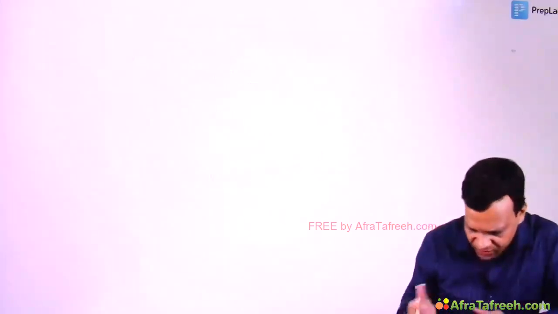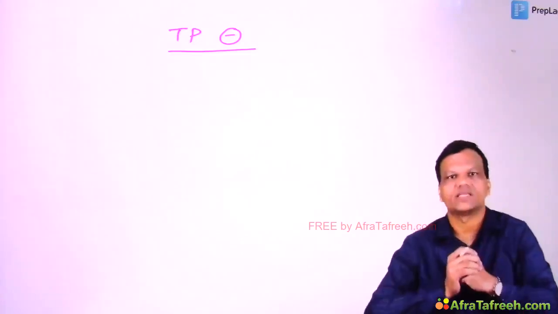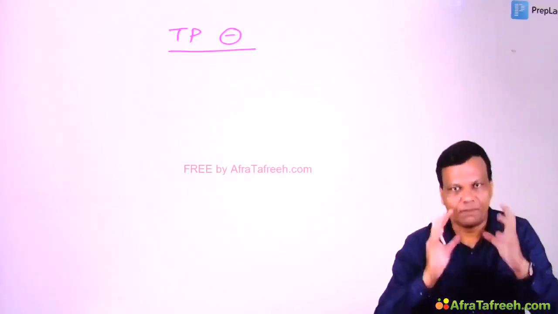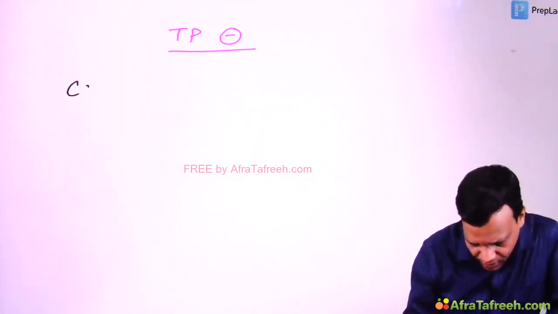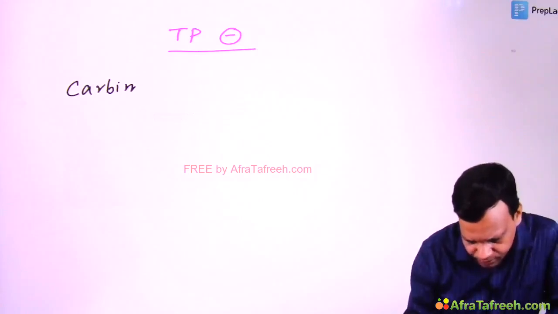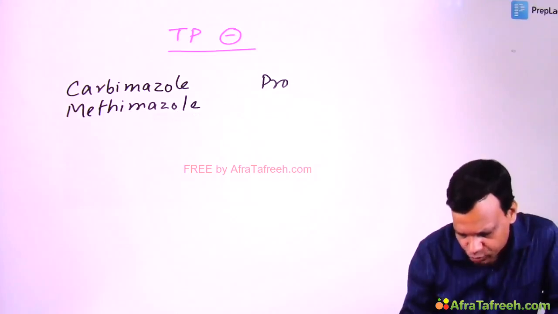But the second mechanism, which is very important and which we use very commonly, is thyroid peroxidase inhibitors. The drugs in this group are carbimazole, methimazole, and propyl thiouracil.